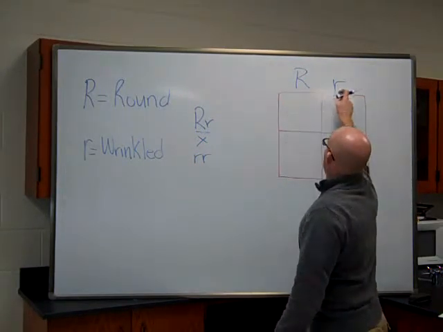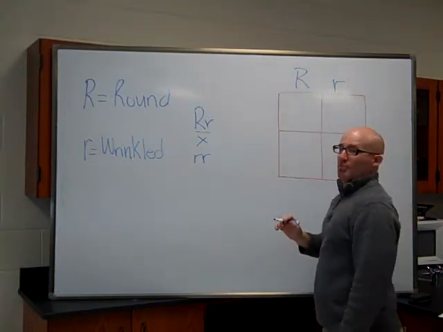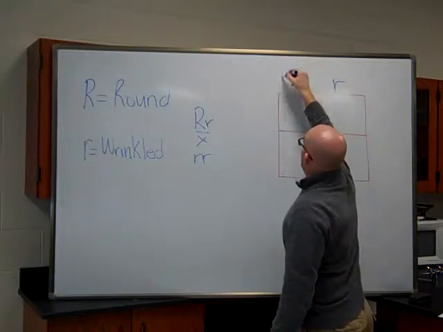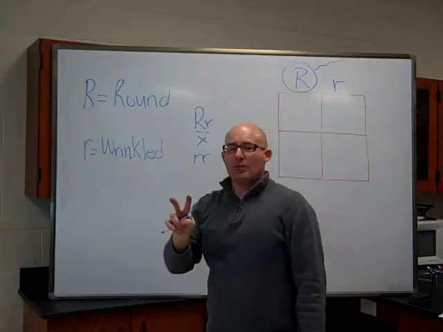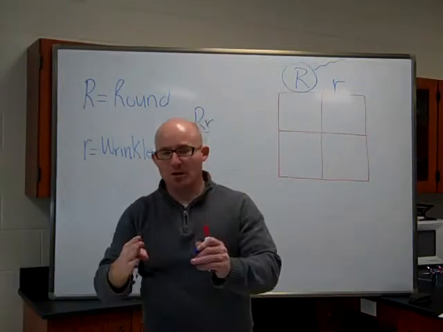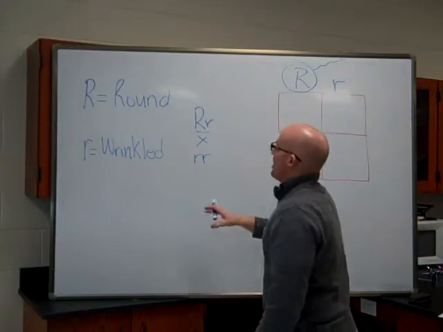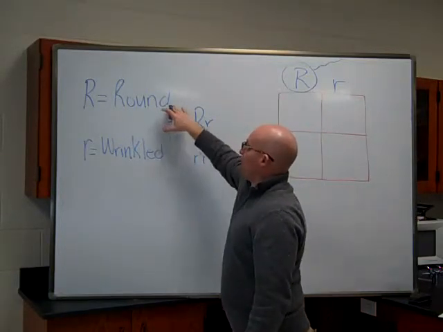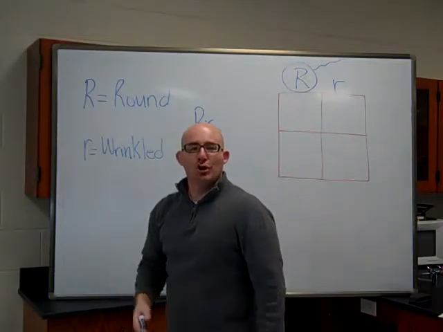So I have my big R, little r individual at the top. I put one letter per column. Basically, what this means is, remember, you have two copies of each gene. Homologous chromosomes, one copy on each. So let's say that the gene for round or wrinkled is located on chromosome number 2.